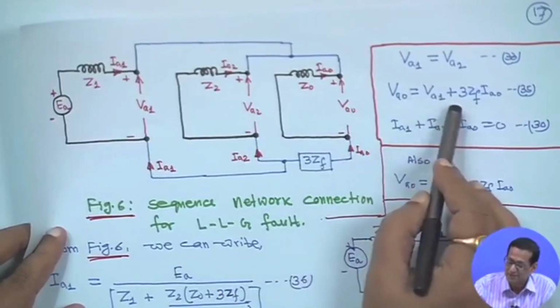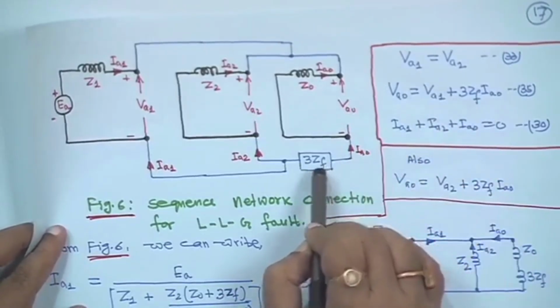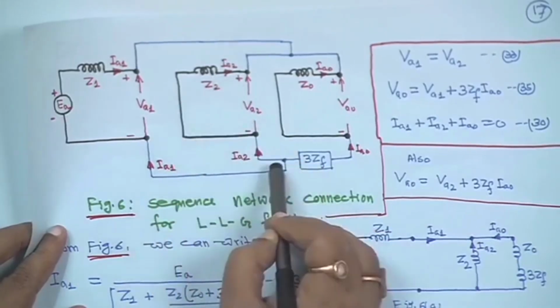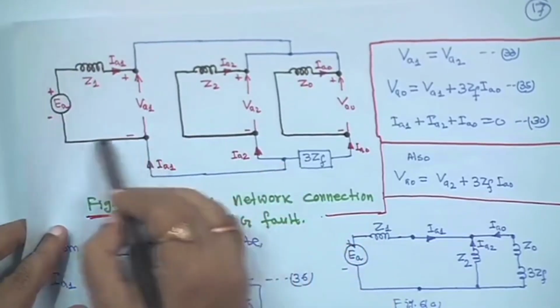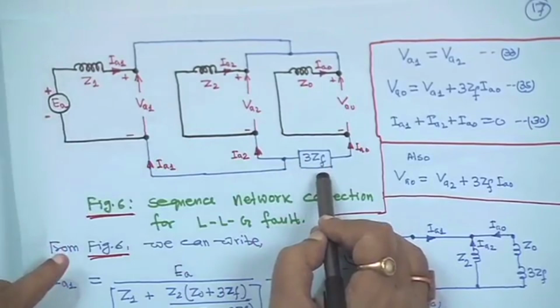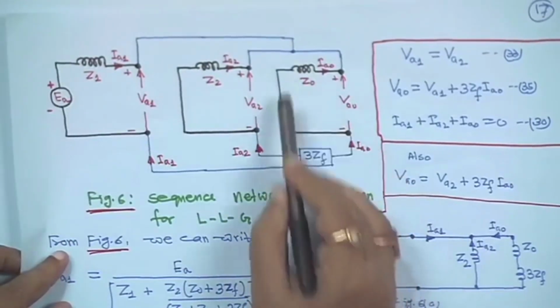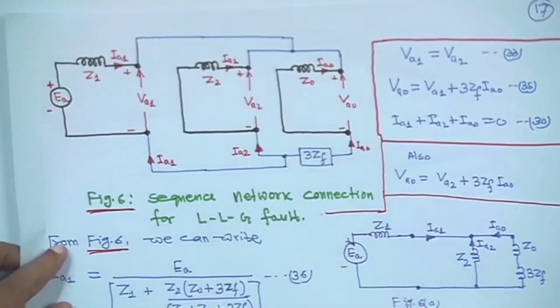Here IA2 is the current path for IA2, and it also leaves, and this is the current path for IA1, which also leaves, but 3 ZF will come here. If ZF is equal to 0, it will be the same as before, with all currents outgoing.